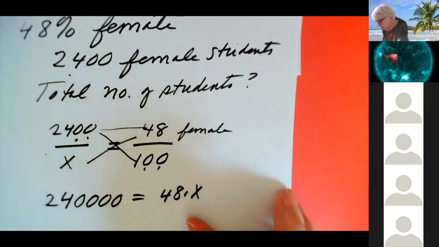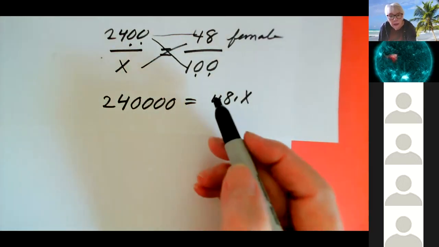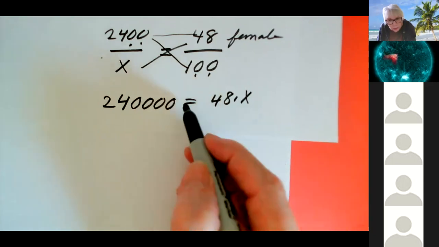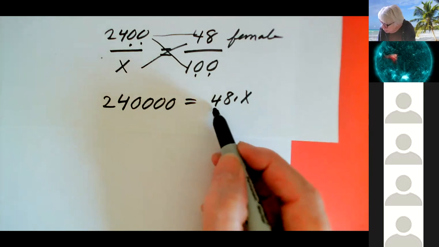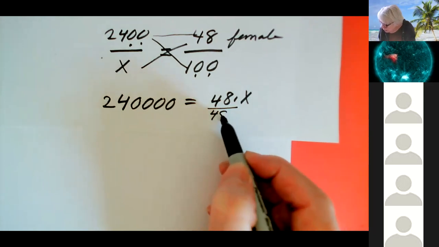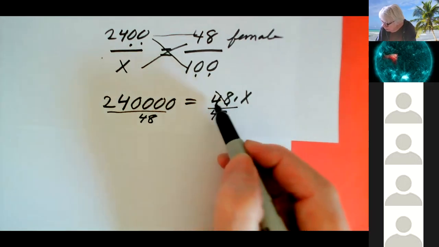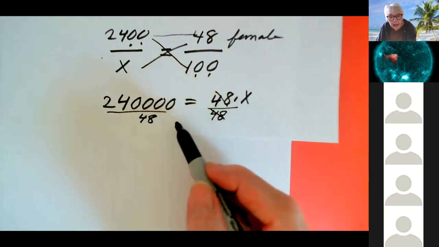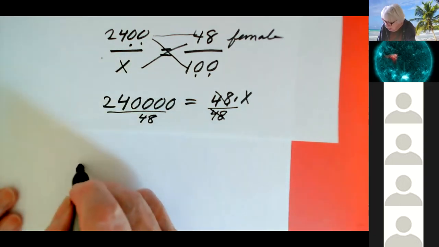Now what do you do? This is an equation. You want to solve for x. You need to divide. So this will be x, and this will be our answer. So this needs to be divided.